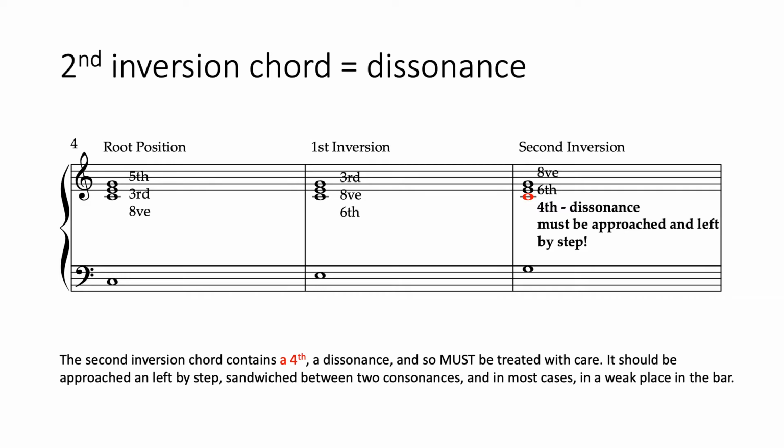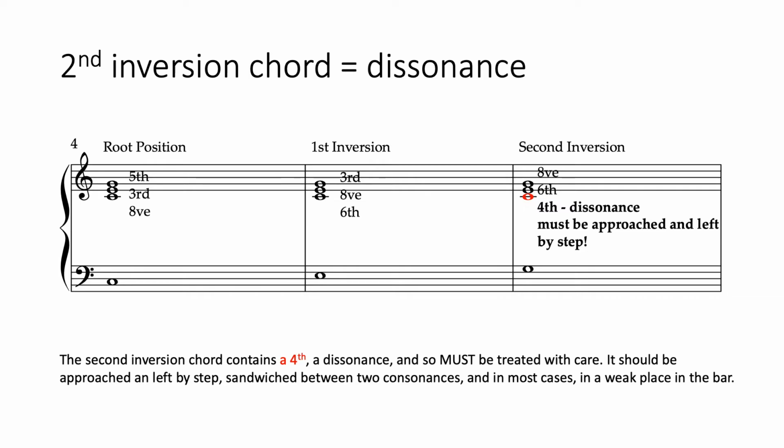But the second inversion chord contains a dissonance. The C in the right-hand part there creates a fourth against the G, which is a dissonance. And because we've got a dissonance in that chord, second inversion chords in general must be treated with care.